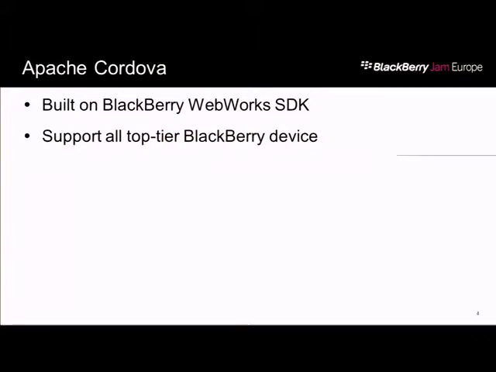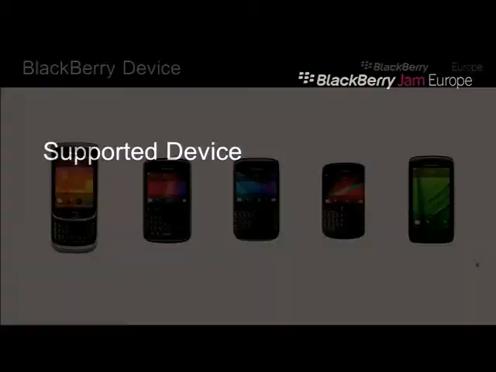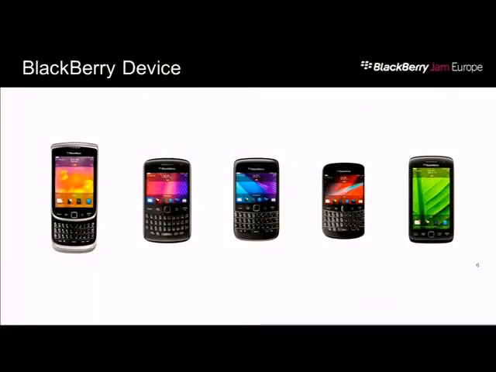A few of the technologies that we're going to talk about later. Cordova, I think, is built using our BlackBerry WebWorks SDK. These are some of the platforms that PhoneGap, or Cordova, whichever one you want to call it, supports.